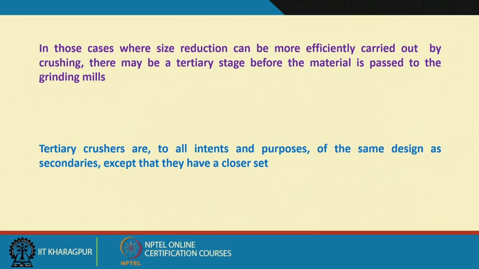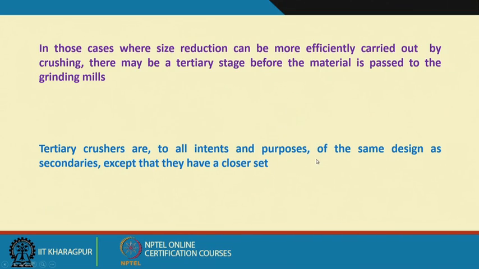But before we go to that, let me tell you, for continuation of this discussion, that many times this size reduction has to be progressively done, as we keep on saying.